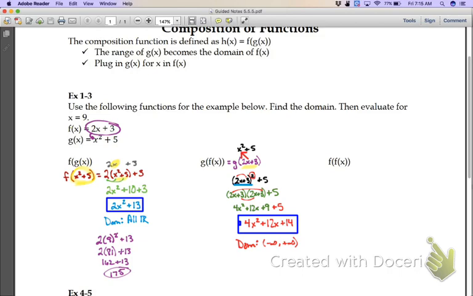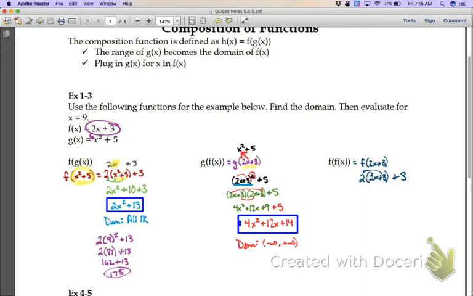Last one, if it's f of f of x, I'm just going to plug the function into itself. It's really just f of 2x plus 3. If f of x is 2x plus 3, I'm going to have 2 times 2x plus 3, plus 3.